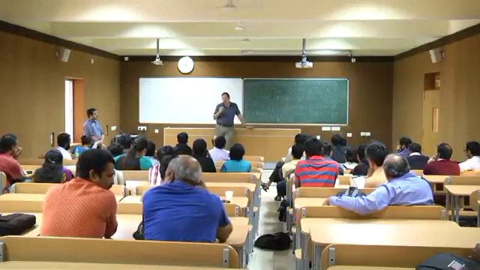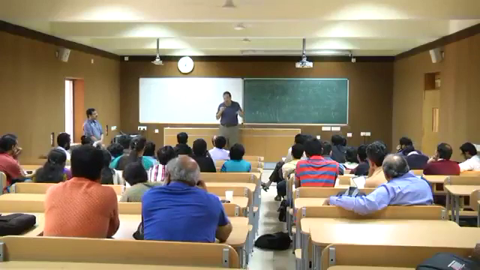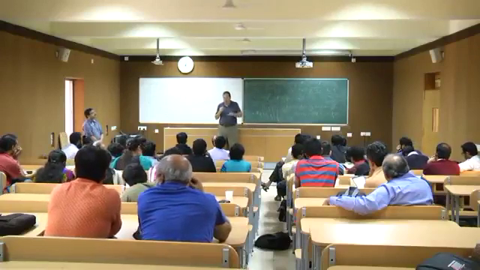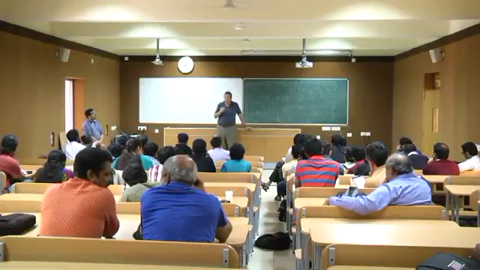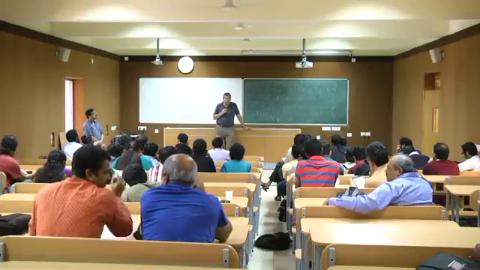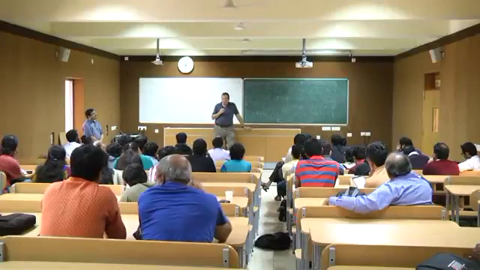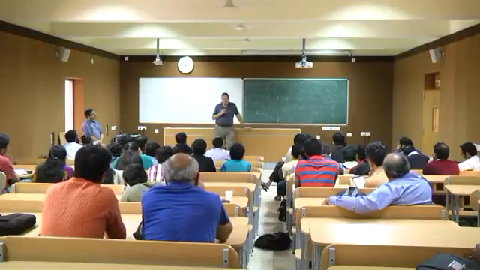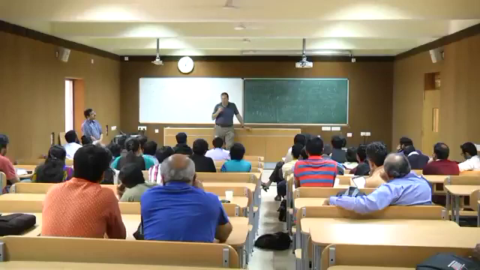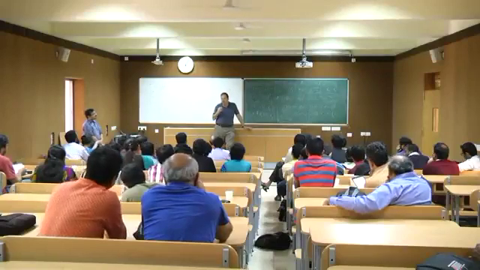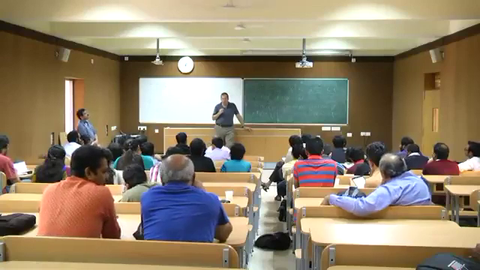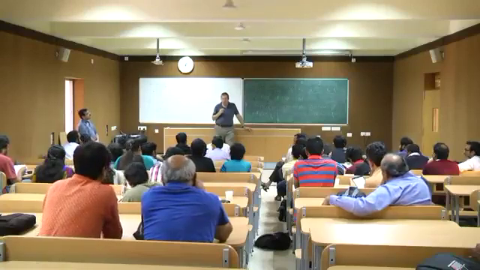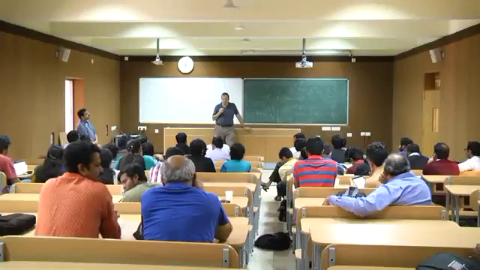Some of the bounds I wrote, T mix of epsilon, have dependence both on n and on epsilon. But if epsilon tends to 0 very fast, then what you get is basically the relaxation time multiplied by log of 1 over epsilon. So it's not as interesting.